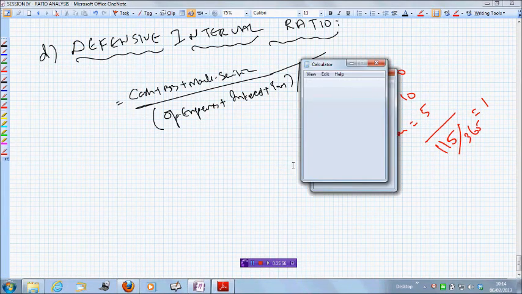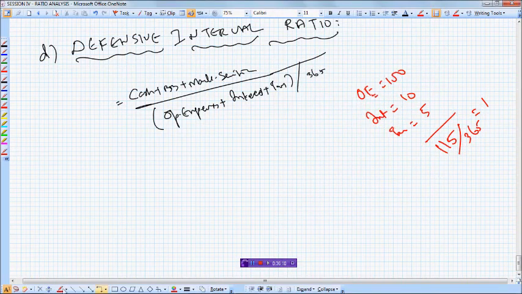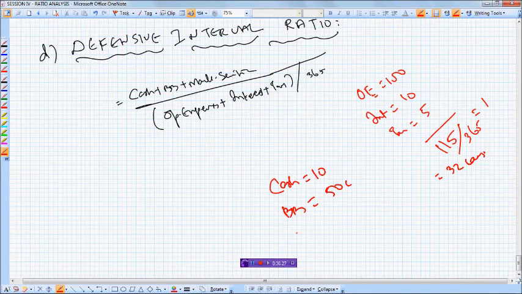The company has an obligation of 115 crore for 365 days. Then for 1 day, its requirement is roughly around 32 lakhs. And the company on average maintains a cash balance of, let us say, 10 lakh, bank balance of 50 lakh, and marketable securities of 50 lakh.